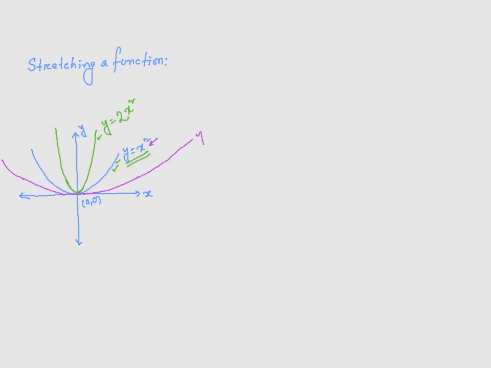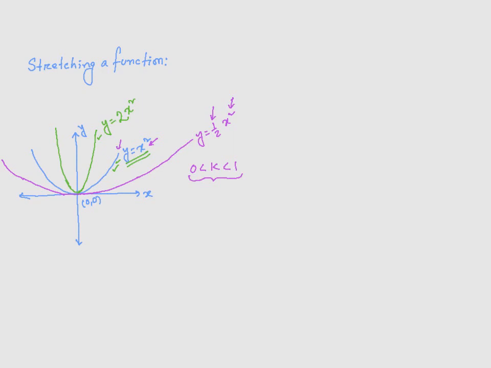So this is going to be y is equal to 1/2 times x squared, meaning I'm taking the original function x squared and multiplying it by 1/2. If I multiply it by a constant between 0 and 1, that means it's a fraction, the net effect is going to be stretching the original function horizontally.